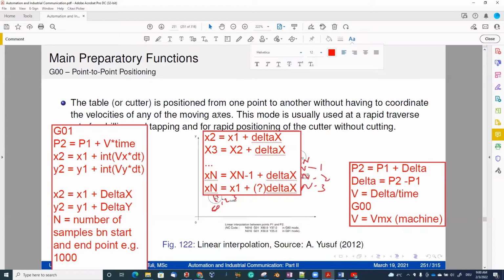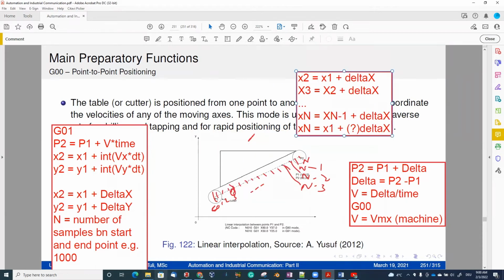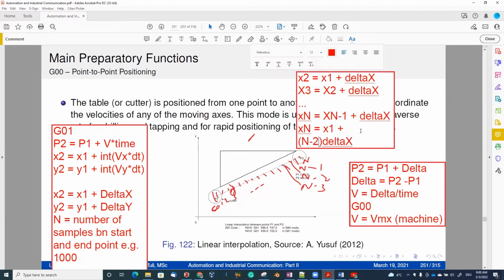This one. Maybe Pavan, do you have something? So 1, n minus 2.